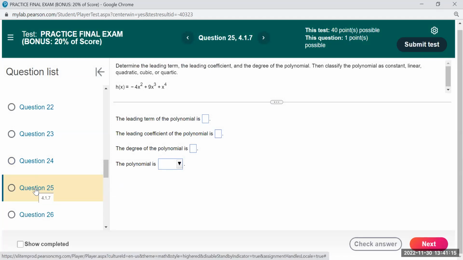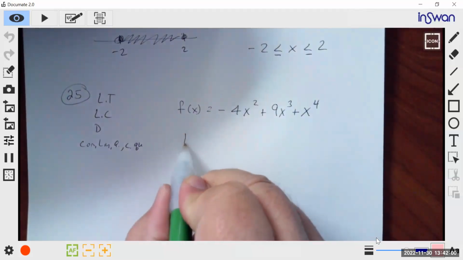Determine the leading term, the leading coefficient, and the degree of the polynomial, and classify it as constant, linear, quadratic, cubic, or quartic. -4x squared plus 9x plus... All right, so the leading term.